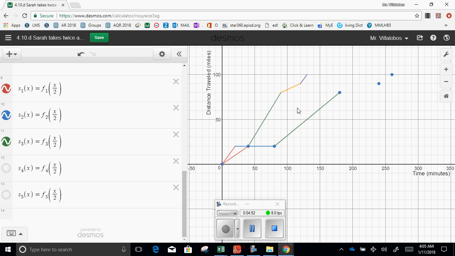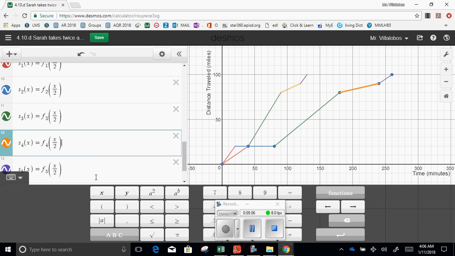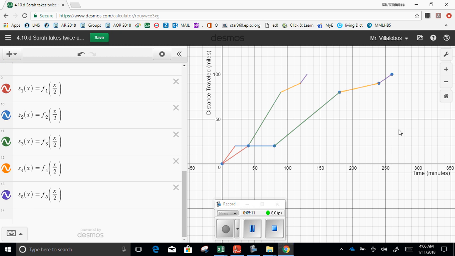This distance is doubled because I'm further away. So there it is. There's the new road trip for Sarah. She takes twice as long in each piece.